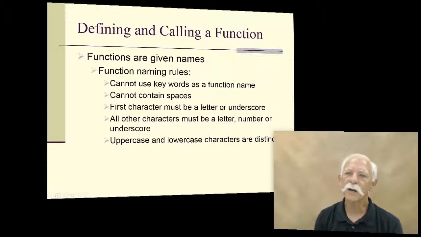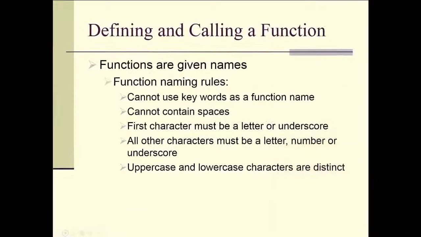Now, let's talk about Python itself and how you define a function and how you're going to call it. Here are the particular rules, shall we say. When you start to build a function in Python, you're going to have to give it a name.